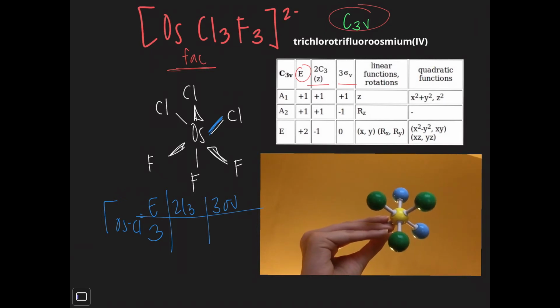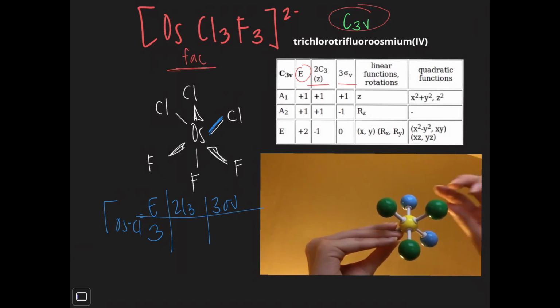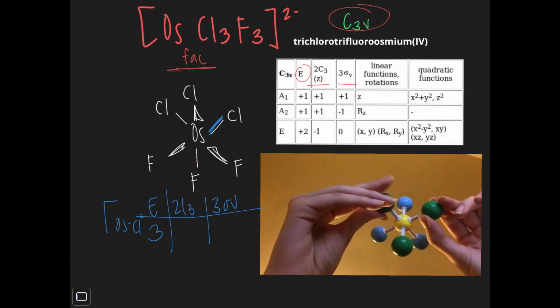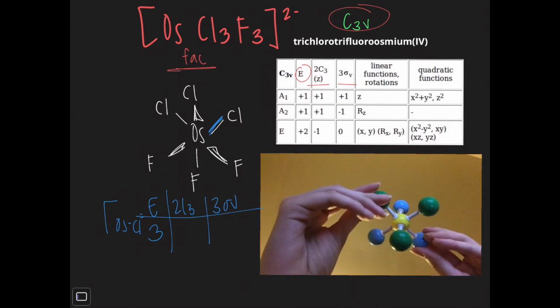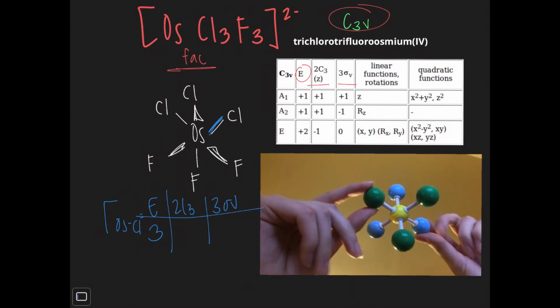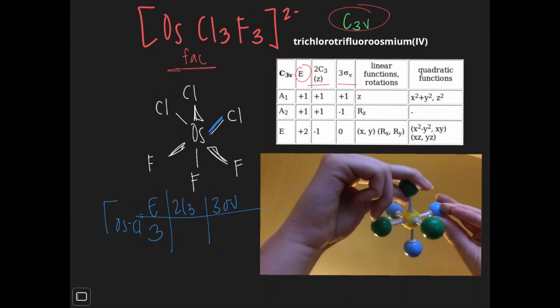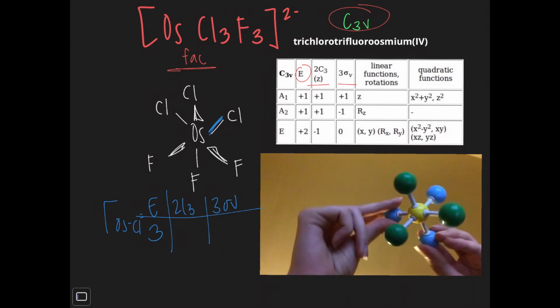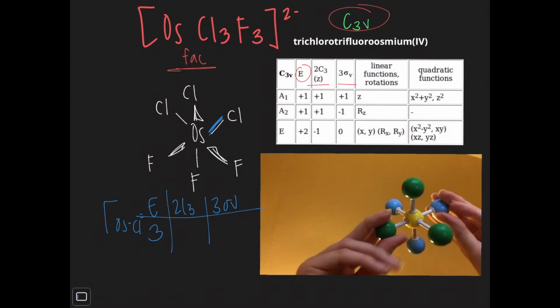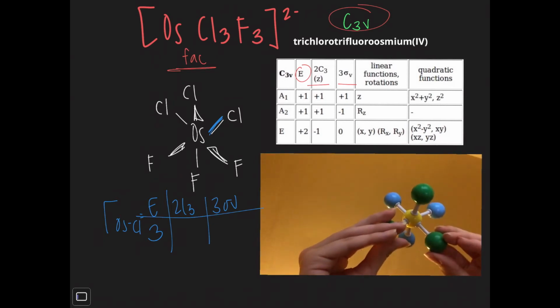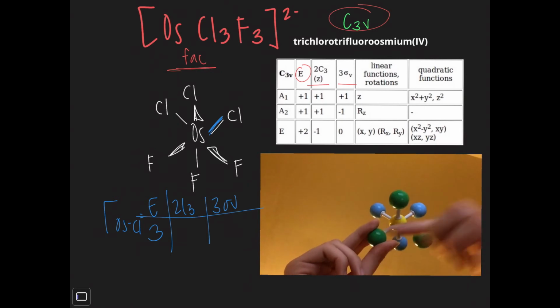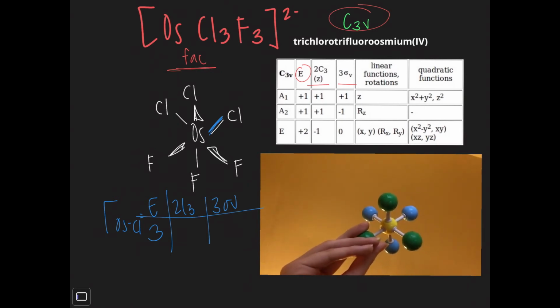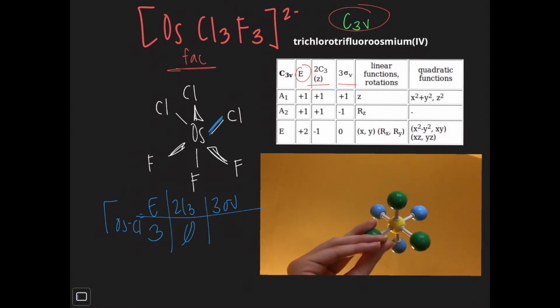And then for a C3 rotation, we can look at it like this, and it has a C3 rotation, so that would be 1, that would be 2, and that would be the third one. So for those, we can see that all of the chlorine atoms moved. So for that, we're going to have 0 unmoved.